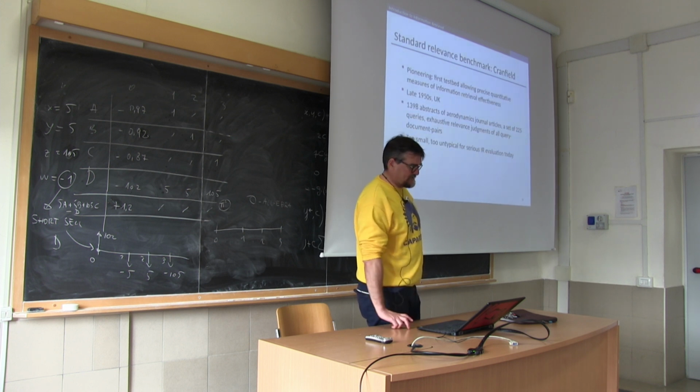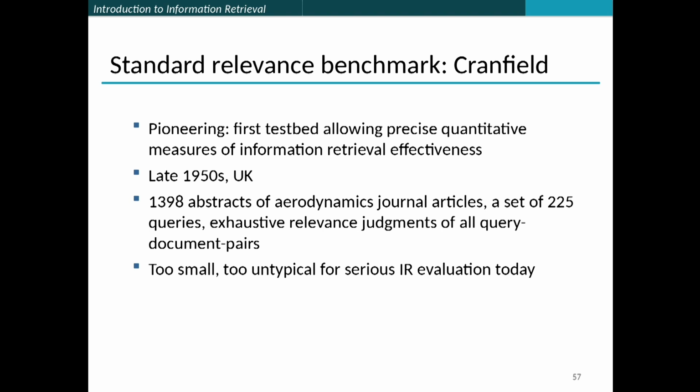Okay, one of the first relevance benchmarks was this Cranfield. As you see, it's very pioneering, but it has the real merit of being the first benchmark allowing a quantitative evaluation of information retrieval effectiveness.